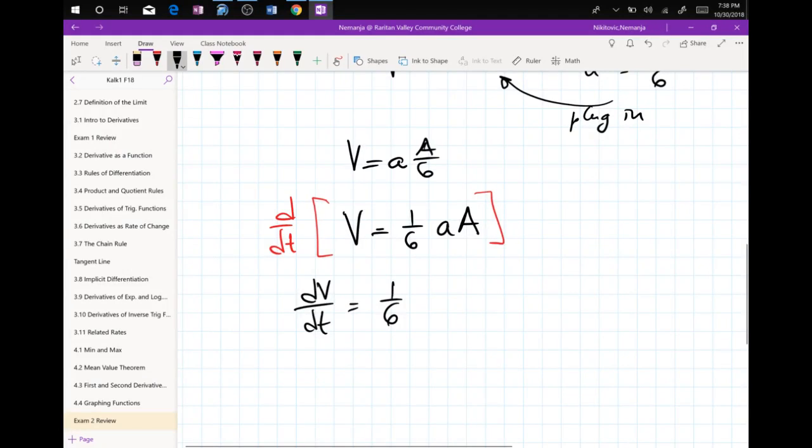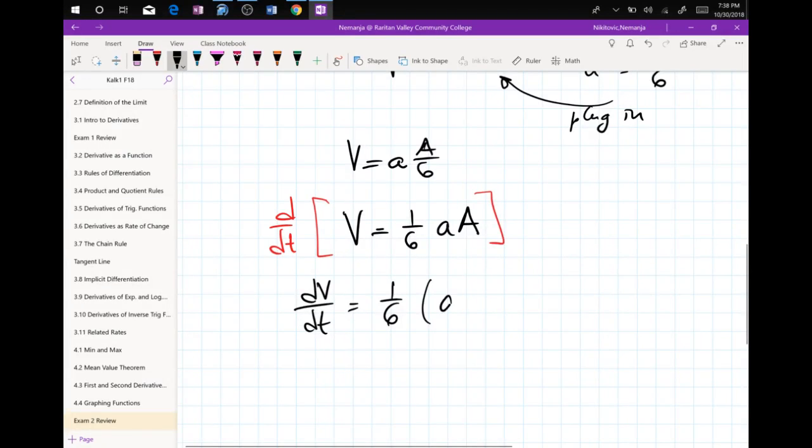Because if this is an ice cube and I leave it to melt, the edge, which is a little a, is going to decrease, and also capital A, which is the area, is going to decrease. So they're both variables.